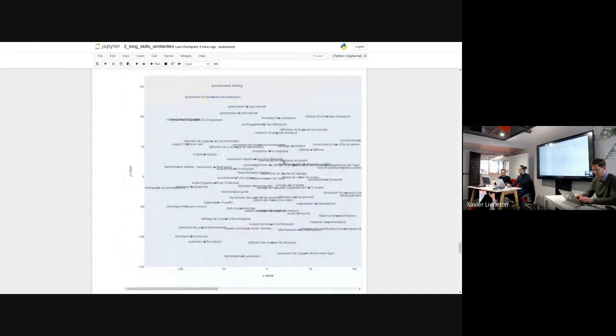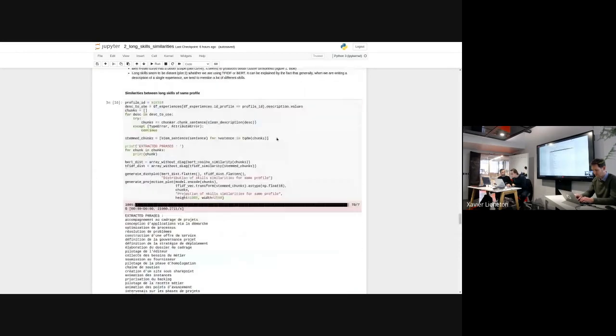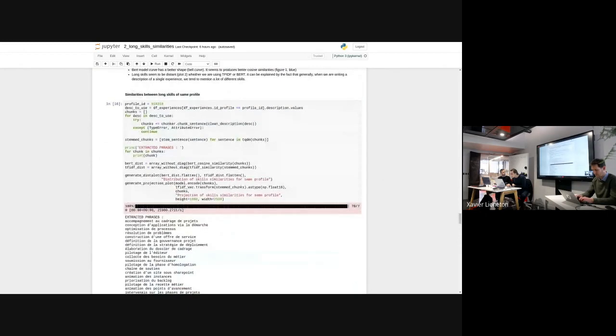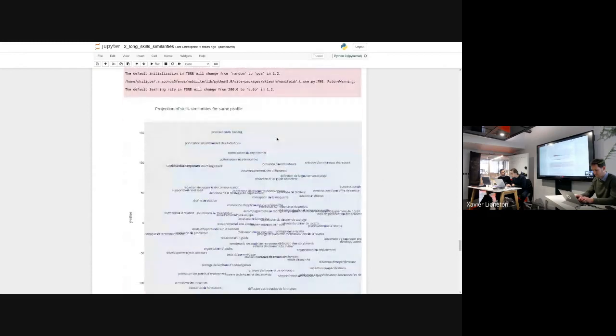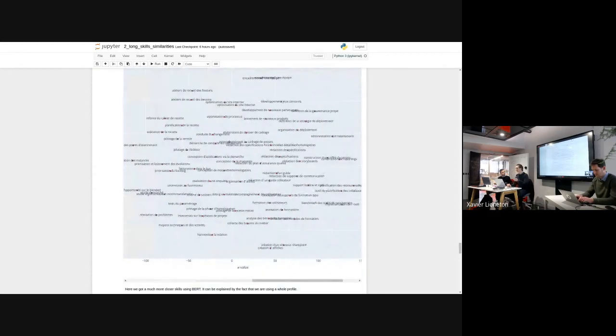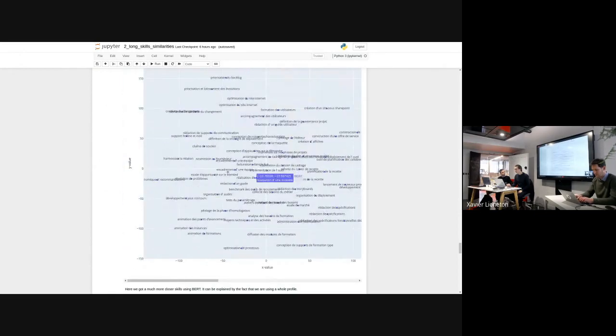This visualization is looking at the skills for a specific job. It's one of the 5 jobs that were available. On the left side, the blue, we are visualizing all of the skills from BERT.